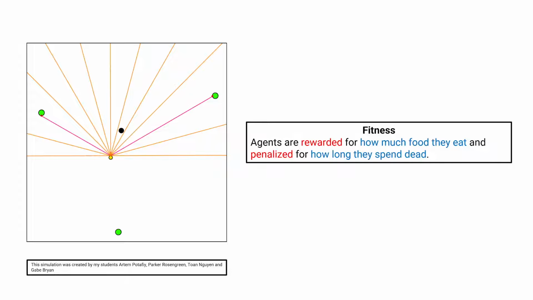So we lump those two together into just being dead, and we penalize them for how many ticks they spend being dead. And we've adjusted the weights on these, as I mentioned, in some of our experiments to see how much this affects our agents' abilities to evolve interesting behaviors.